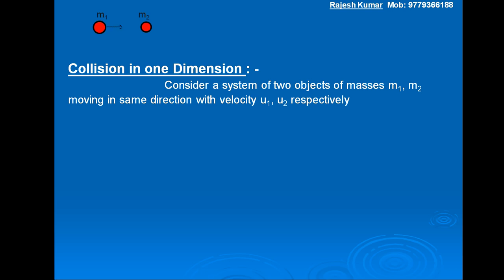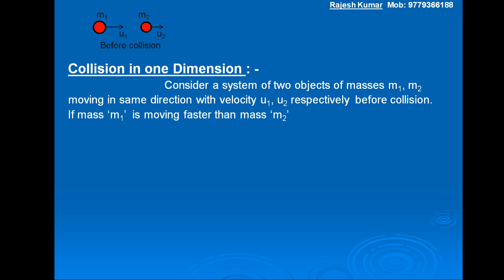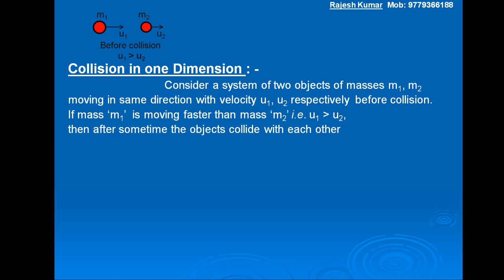That is, mass m1 is moving with velocity u1 and mass m2 is moving with velocity u2 before collision. Before collision, if mass m1 is moving faster than mass m2, that is u1 is greater than u2, then after some time the objects collide with each other.